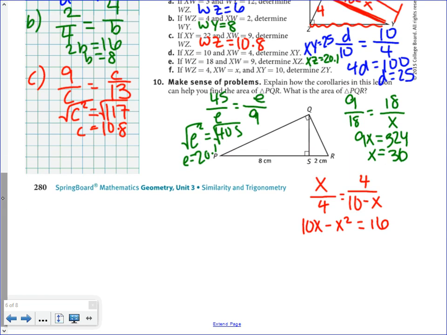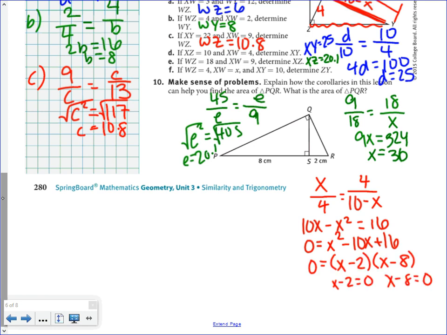So I'm going to make my x squared positive and move everything to the right side of my equation. So positive x squared, and then I have to subtract the 10x, and I have the plus 16. I'm looking for numbers that multiply to be 16 and add to be negative 10. So that's going to be negative 2 and negative 8. From there, set your two factors equal to 0, and then solve for x.